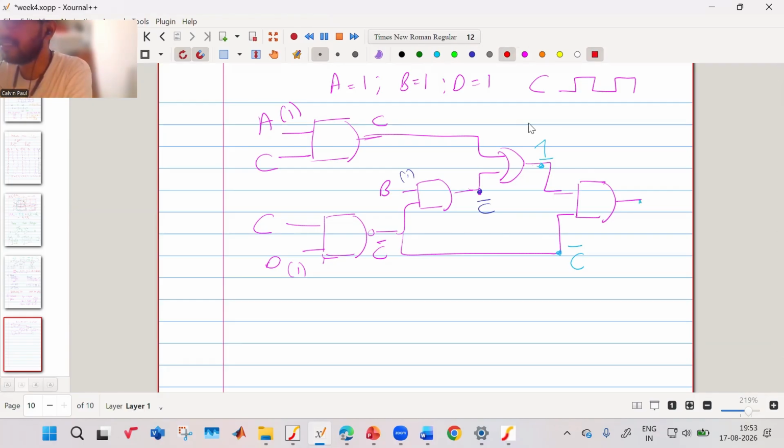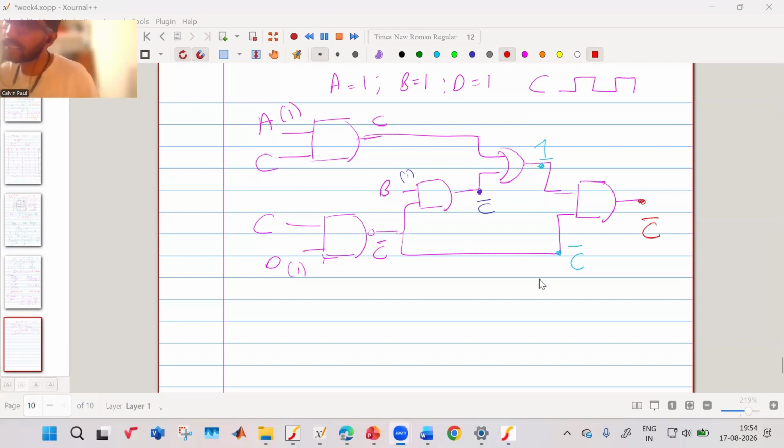Any signal, any AND gate, 1 and A is A. So 1 and C bar should also be equal to C bar only, right? Yeah, C bar.